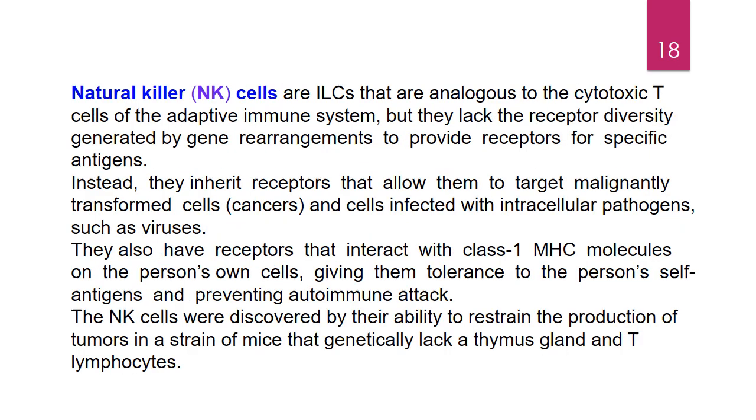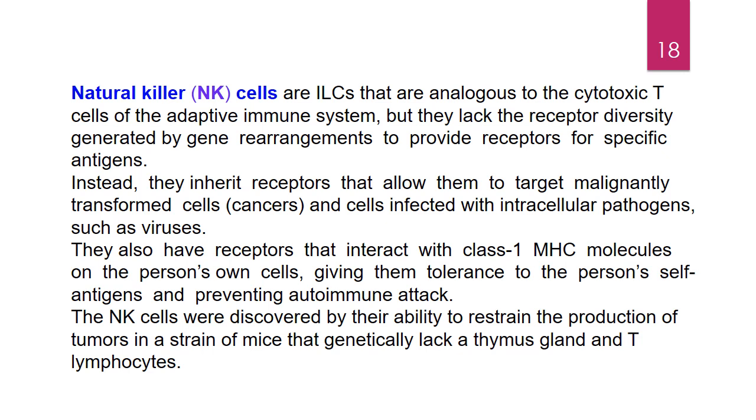Now the second, natural killer cells. Natural killer cells are analogous to the cytotoxic T cells of the adaptive immune system, but they lack the receptor diversity generated by gene rearrangements to provide receptors for specific antigens.